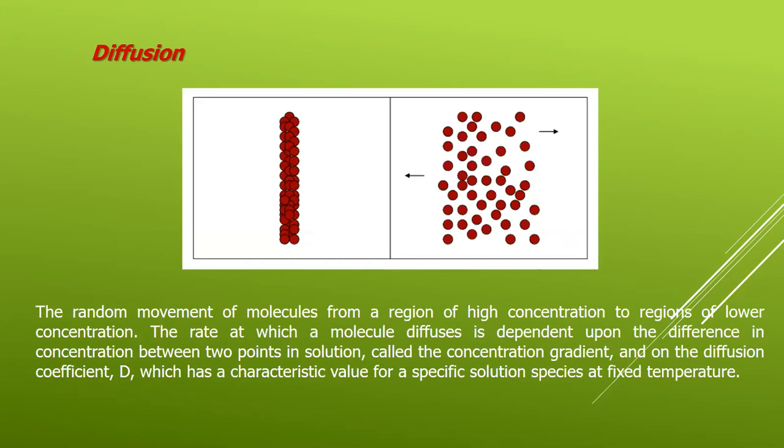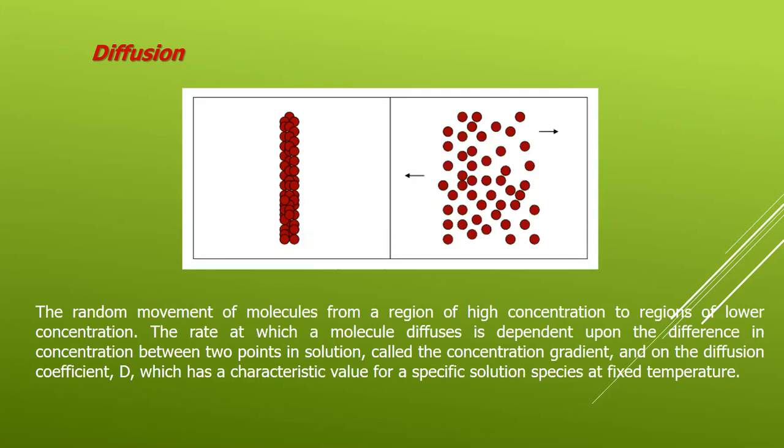So the driving force for diffusion is the concentration gradient. And it also depends, aside from this concentration gradient, on the diffusion coefficient D, which has a characteristic value for a specific solution species at fixed temperature.